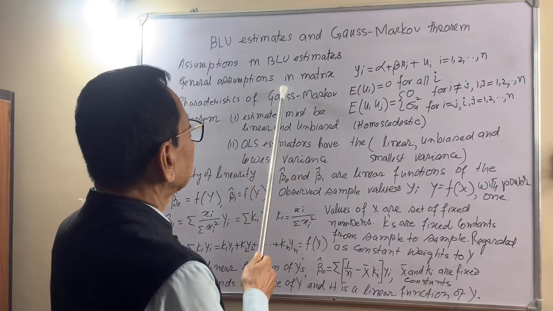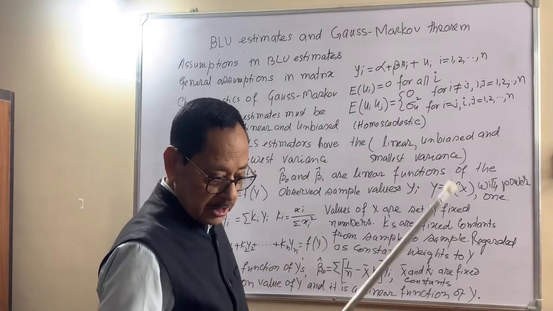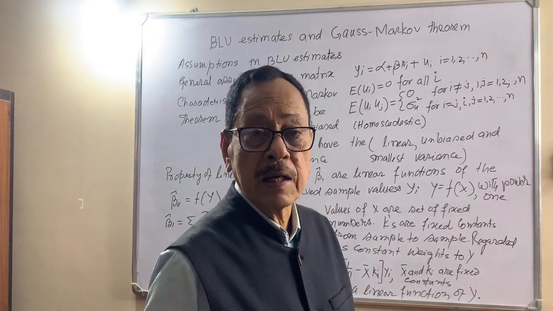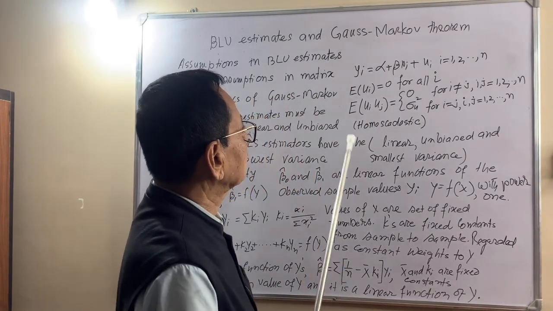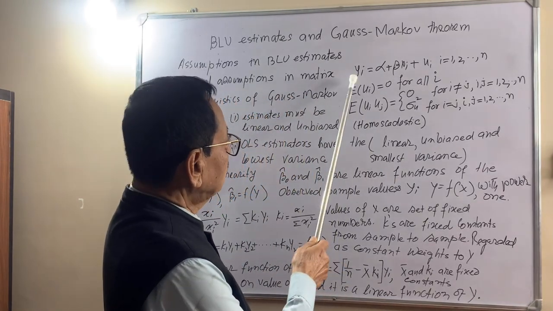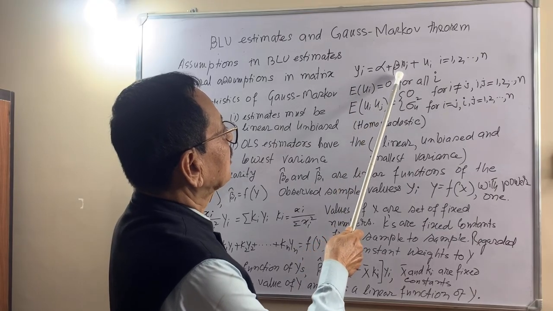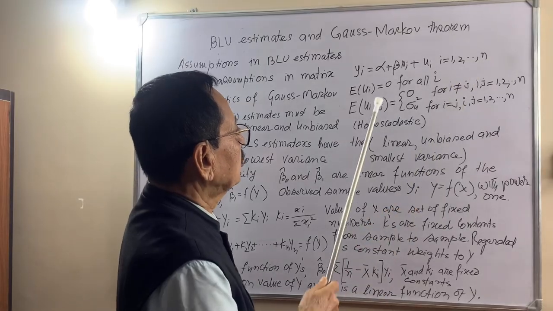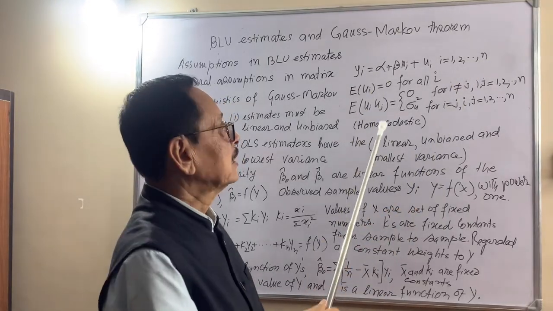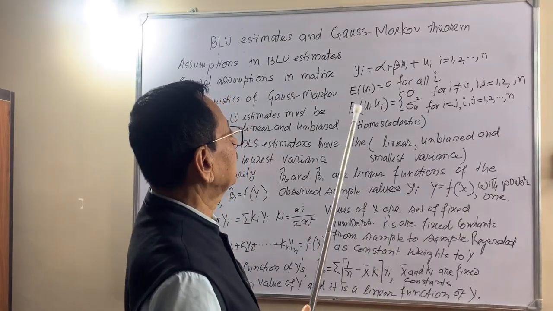Now the general assumptions in matrix form, as we discuss in linear algebra. Suppose the model is yi equals alpha plus beta xi plus ui for n observations. Alpha is the intercept and beta is the regression coefficient.